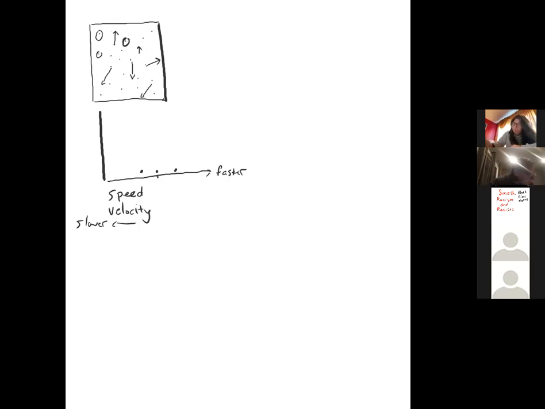What's going on here? So I keep picking them one at a time, over and over, as many as I can. And what you'll find is that some of them will be moving faster and some of them will be moving slower, but there's going to be a tendency for what we call a distribution.